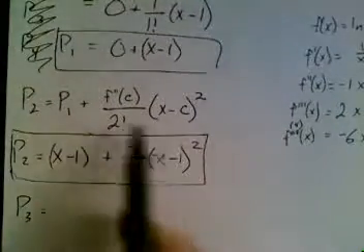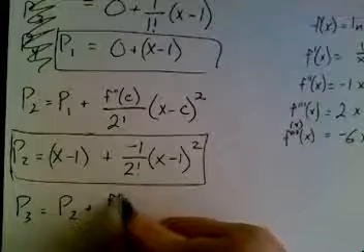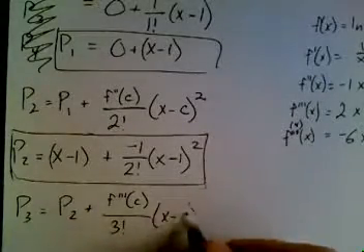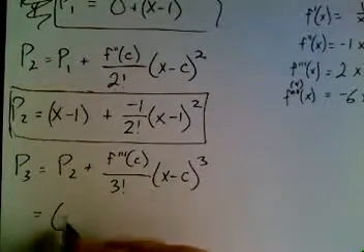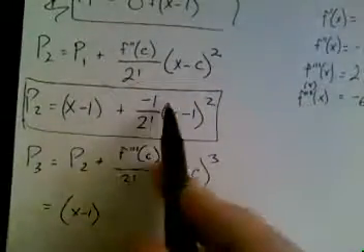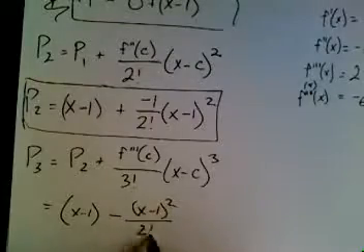How about p sub 3? Well, p sub 3 is all of this, p sub 2, plus the third derivative at c divided by 3 factorial times x minus c to the power of 3. Again, just that extra term. So this is going to be x minus 1, minus x minus 1 squared over 2 factorial.